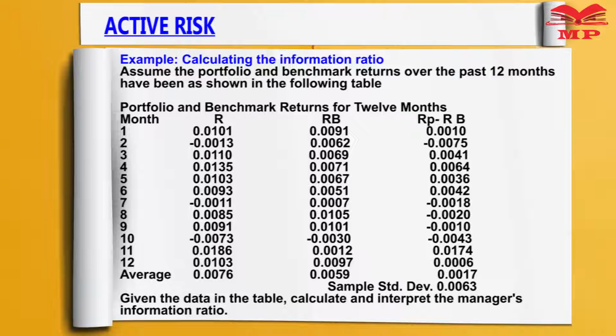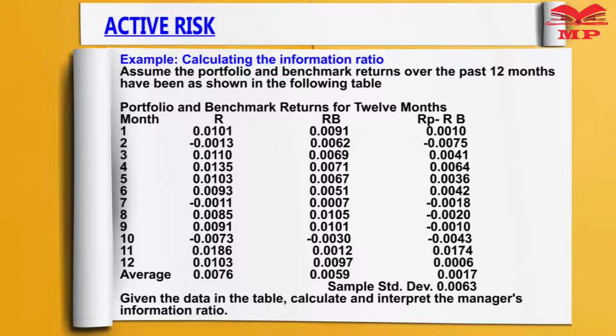So the information ratio is just given as the return on the portfolio minus return on the benchmark, divided by the standard deviation of returns right there. So that information given to you is straightforward.